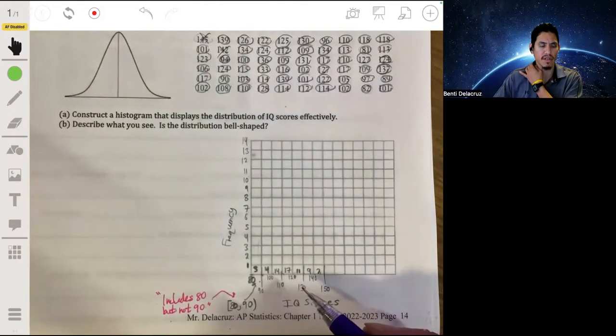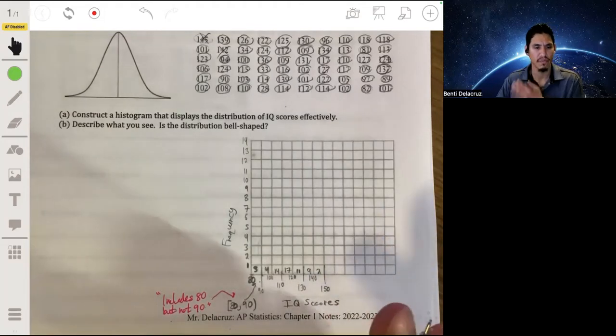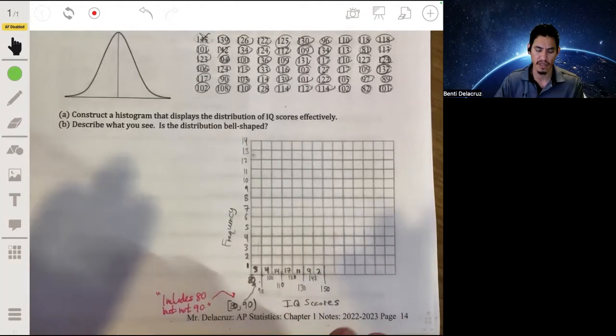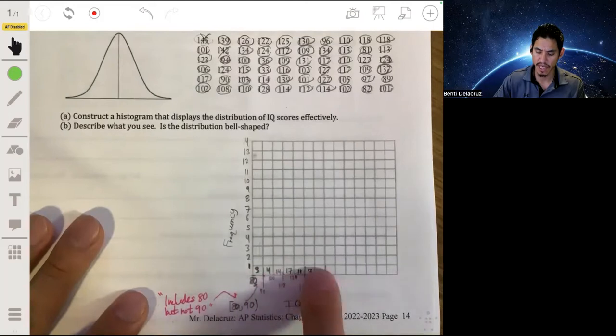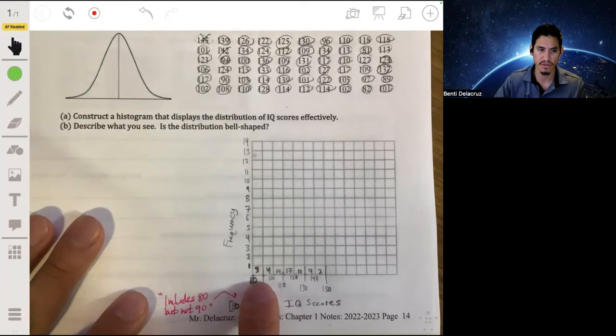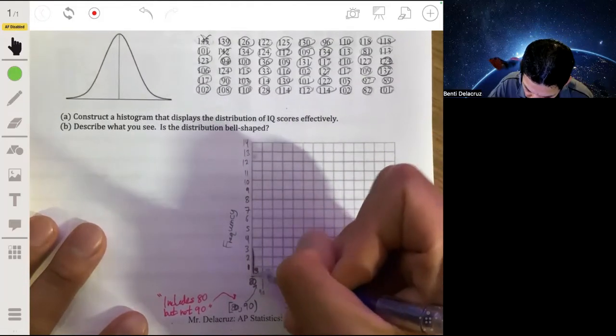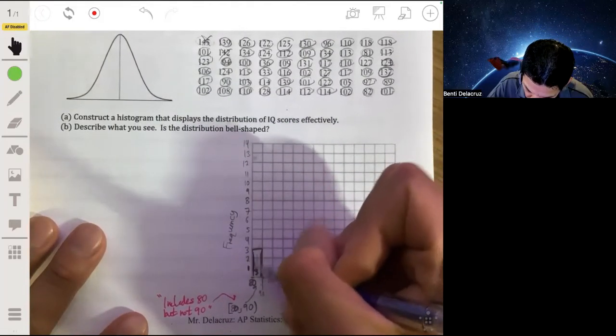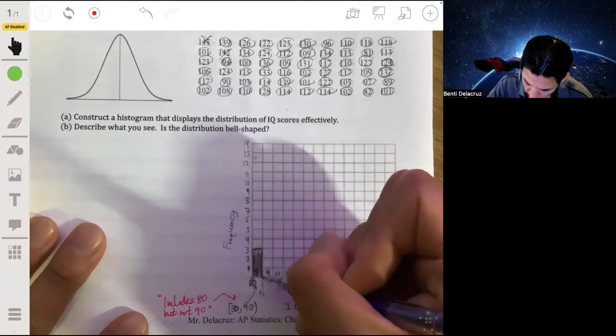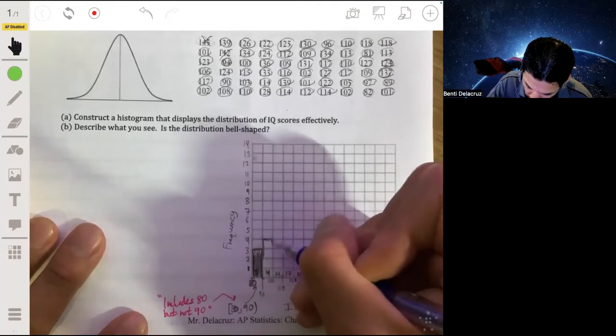Now I just drew the number there, just to make sure we get a clear sense of what we're doing. So these numbers represent how many values are in those intervals. So we just draw a corresponding bar of that height. So the first one, we draw a height of 3. The next one would be a height of 4.